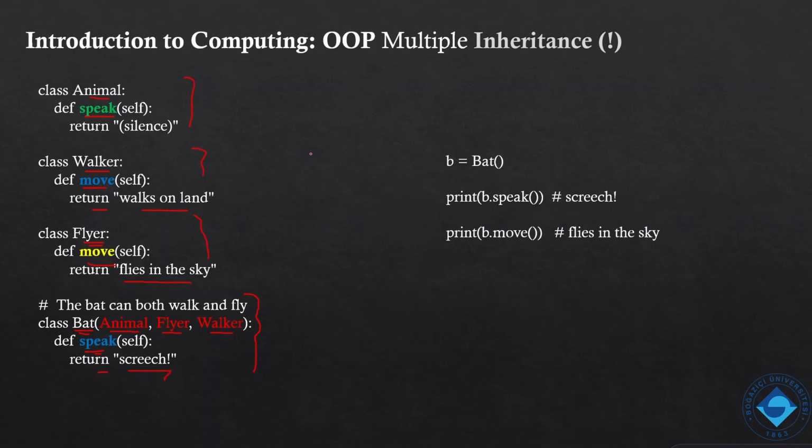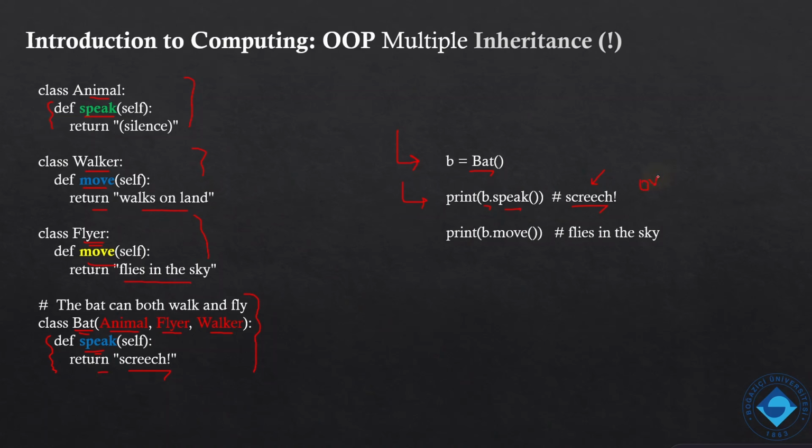After defining all my classes and inheriting them, I can create my objects under the bat class. If I print my object's speak, it's going to print screech. It means this word, right? It comes from my own class here, not the animal class.